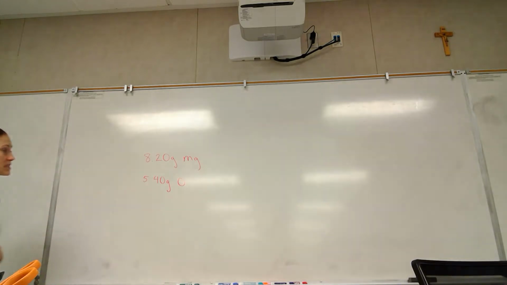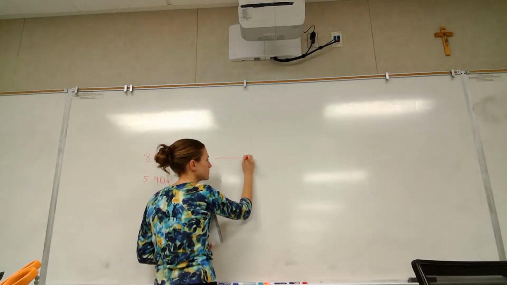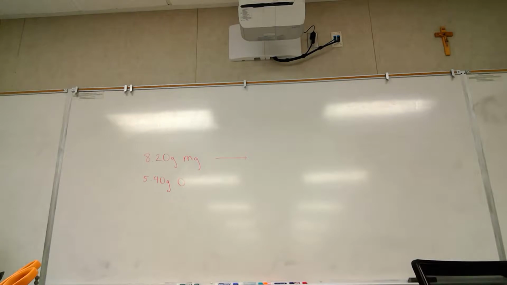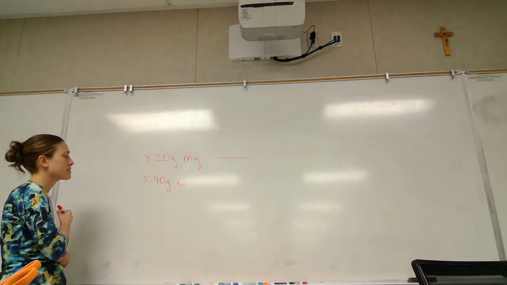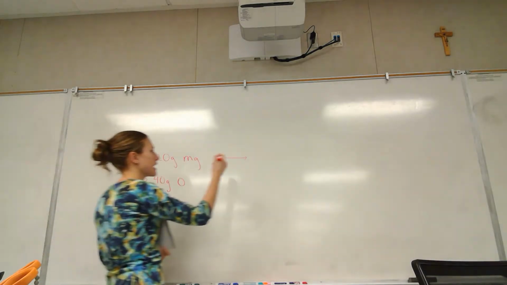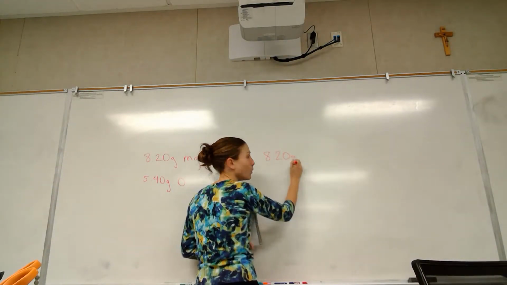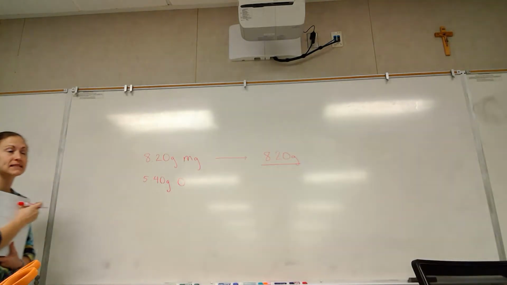To determine the percent that is due to just magnesium, what do I need to do? Divide what by what? The magnesium by the whole thing. So I need to divide the mass of magnesium, 8.20 grams, divided by the total mass of my sample.